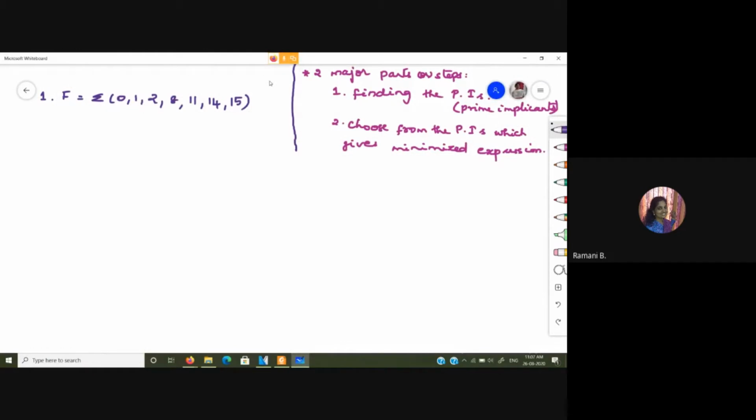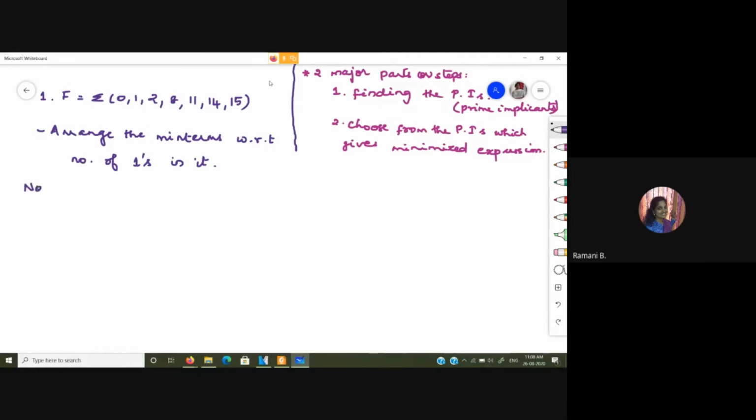The first thing to do in the tabulation method is to arrange the minterms with respect to the number of ones in them. We start from 0 ones.